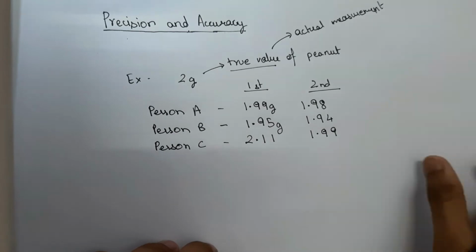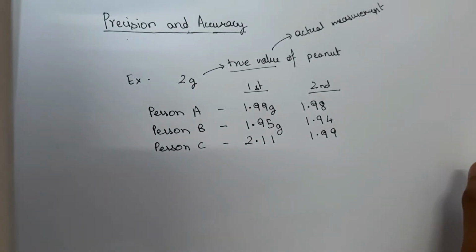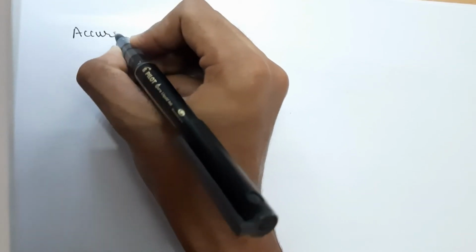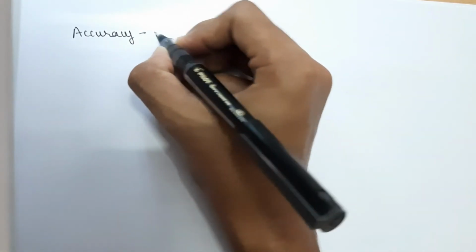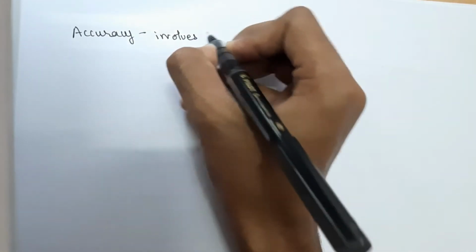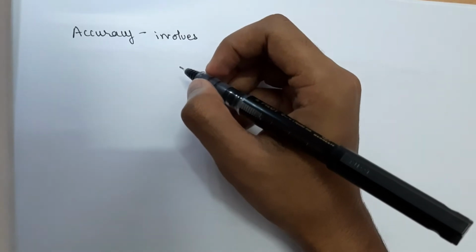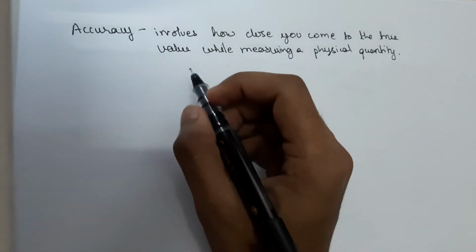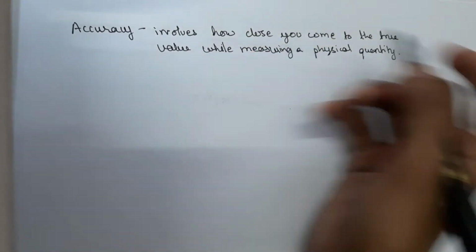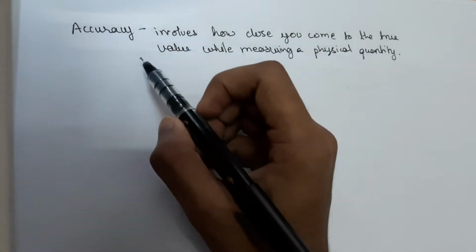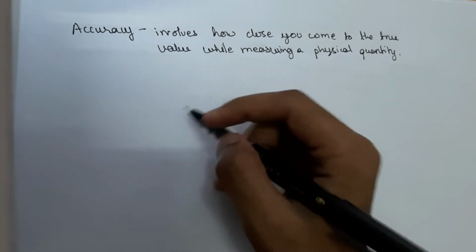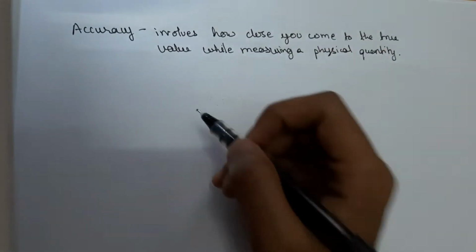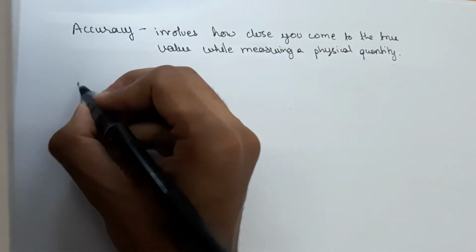Let us first define what accuracy and precision really are. Accuracy involves how close you come to the true value while measuring a physical quantity. So let's first understand the definitions here, and then we'll go back to the example that we started with. Now let's move on to precision.